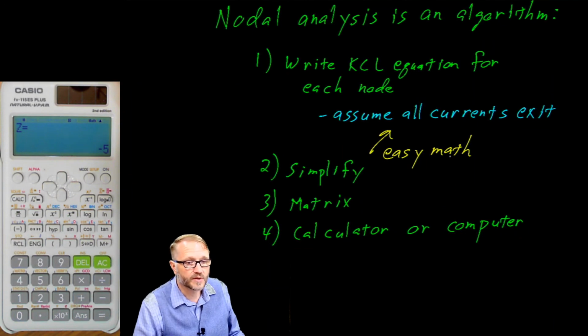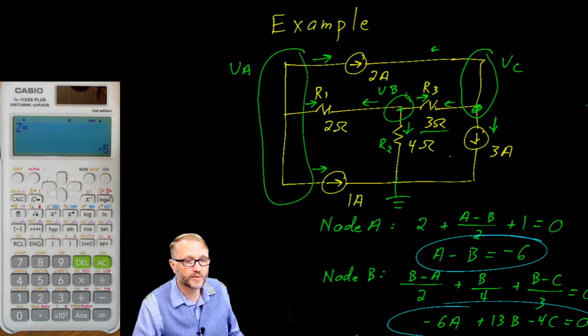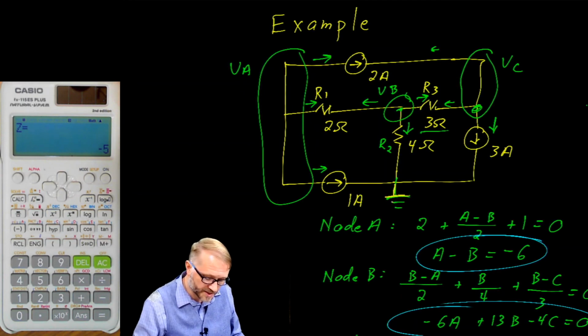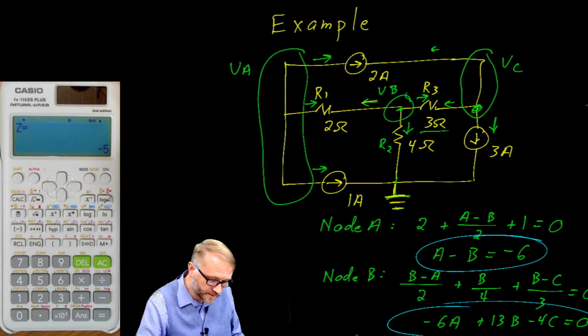We set this up into a matrix, and then we use the calculator again. Here was an example where we exercised all of those. We had the nodes. We were sure to establish our ground node. We referenced everything relative to it. And then again, we assumed all of the currents were leaving.